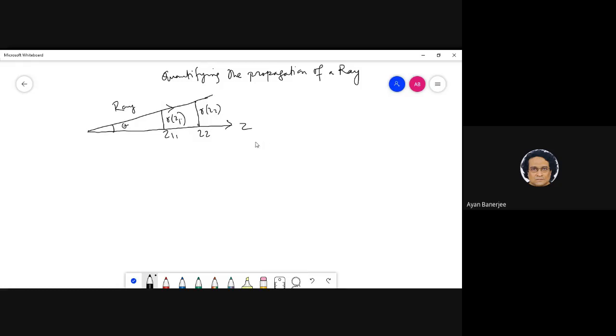Essentially your R dashed or dr dz is nothing but R of Z2 minus R at Z1 divided by Z2 minus Z1, right? Which means that my R of Z2 can be written as R dash into Z2 minus Z1 plus R of Z1, right?